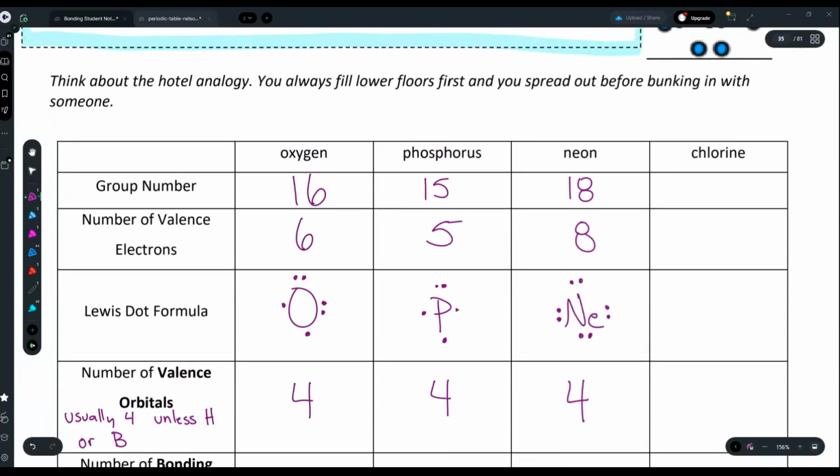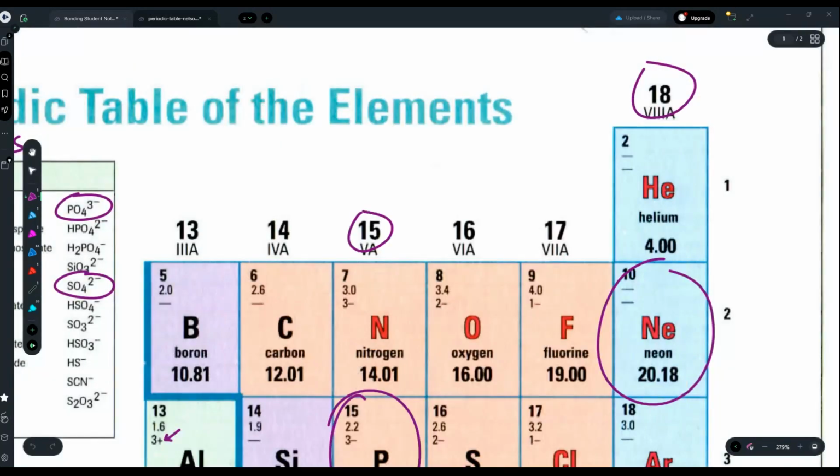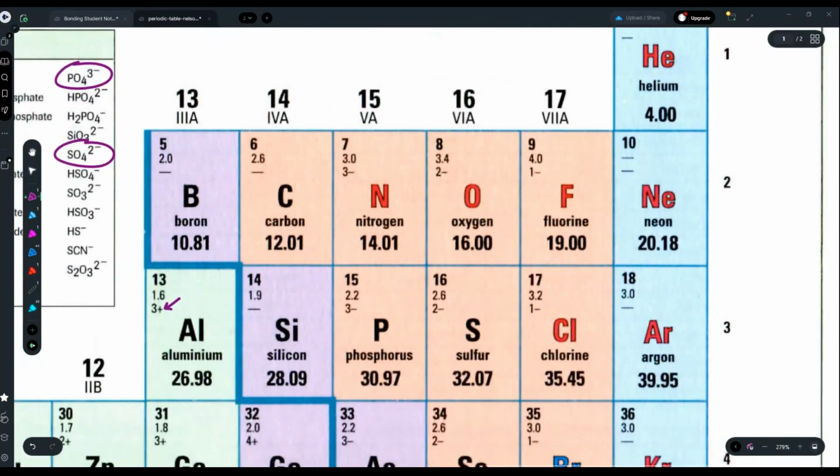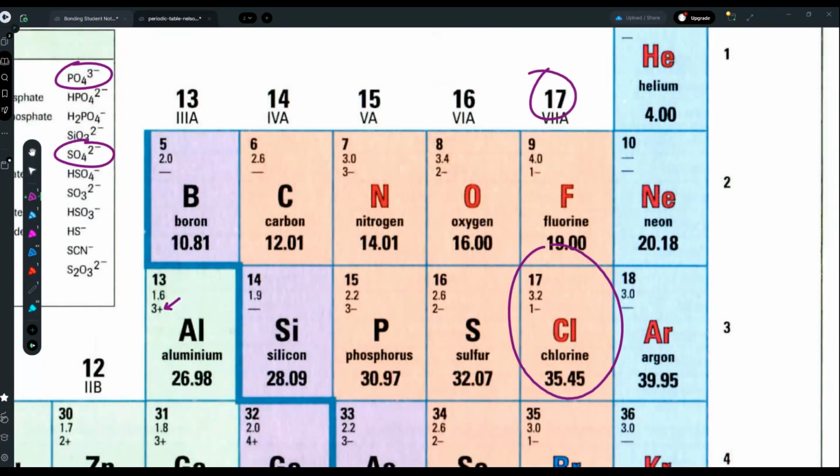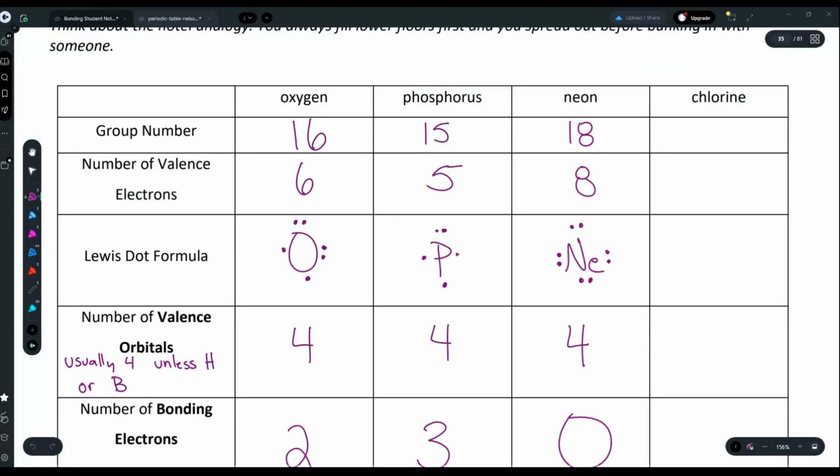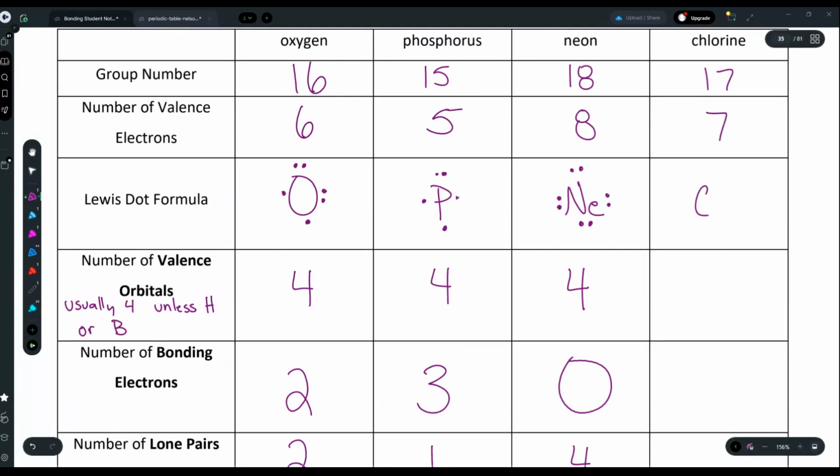Last but not least, we have chlorine, which, let's clean this up a bit again. Chlorine is part of group 17. It's right there. So group 17, it has 7 valence electrons.